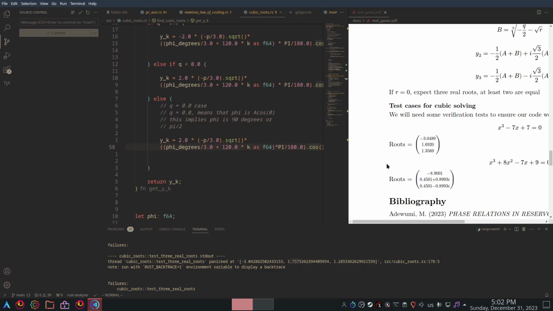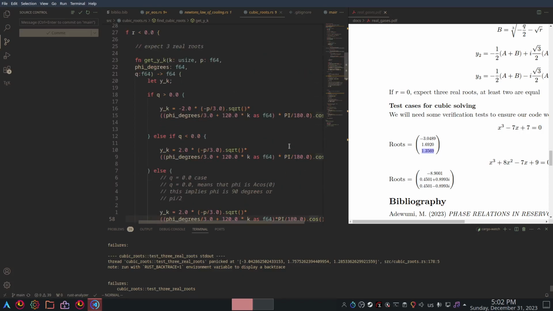I'd like it to be less than 1% error at least. The last root over here is 1.3569, but here we have 1.2853. So what could be wrong? We're going to have to spend some time figuring this out.